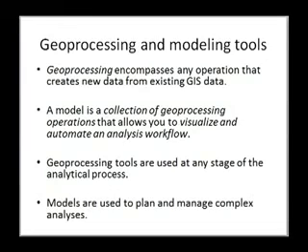If you think back to the GIS analysis discussion that we had, the definition of GIS analysis said that GIS analysis involves visualizing and combining geographic data to derive new information. So it sounds a lot like geoprocessing, because geoprocessing is an operation that derives new data.